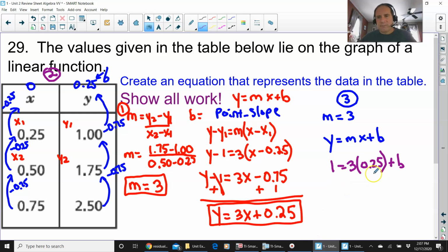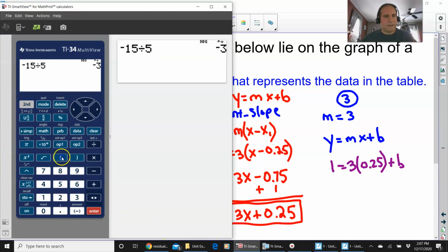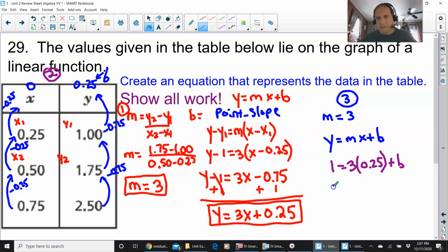So 3 times 0.25 is 0.75. So 1 equals 0.75 plus b. Then you solve for b.